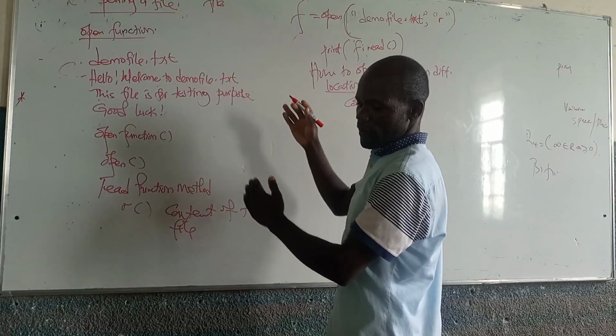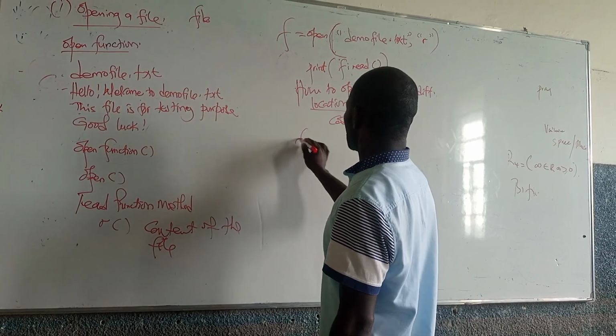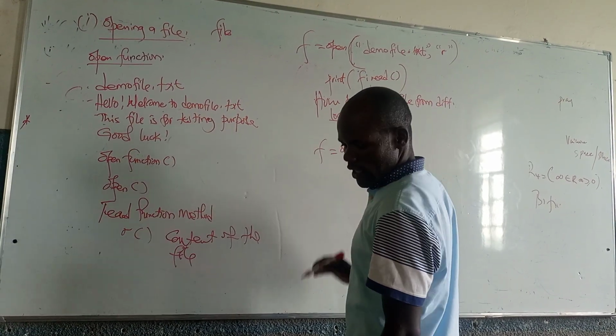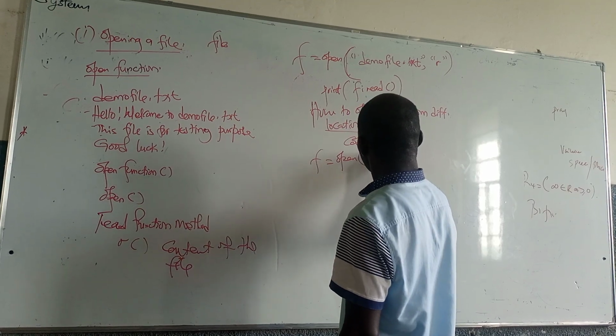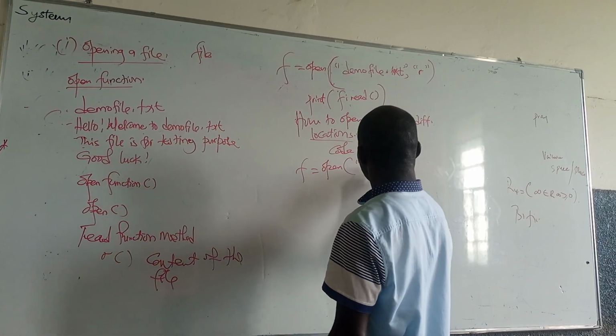After typing the files, we shall have our code, which is f equals open. In the quotes you write the path.